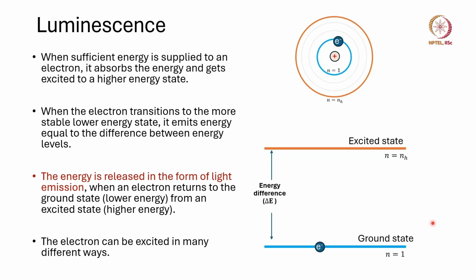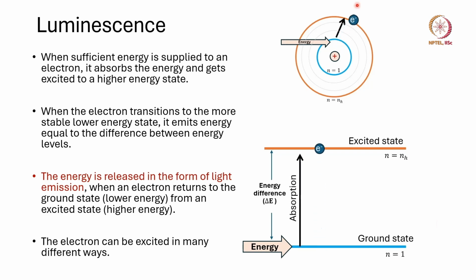Now, when sufficient energy is provided, the electron absorbs this energy and transitions to a higher energy state. The higher energy state that the electron excites to can be determined by the energy difference between the excited state and the ground state, and should match the energy provided initially.